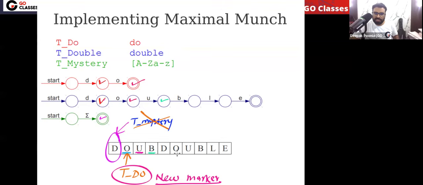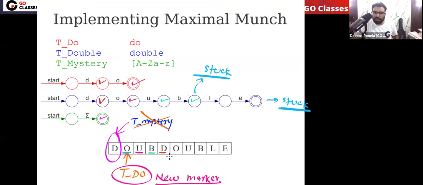So we will read the next character B, and then the next character, that is D. But in the second NFA, the next character is I, so this second NFA is stuck. Here it is stuck.